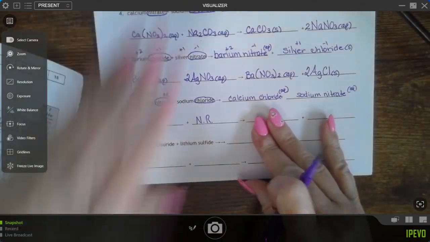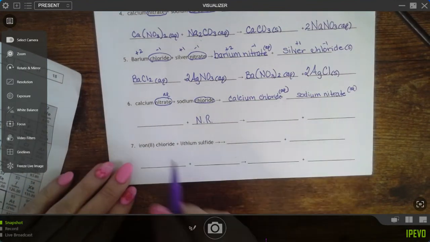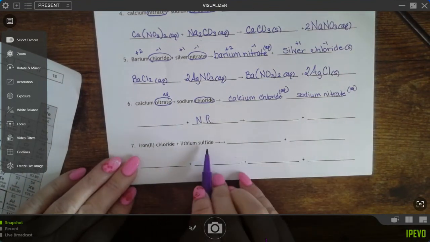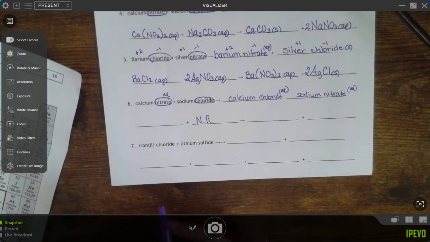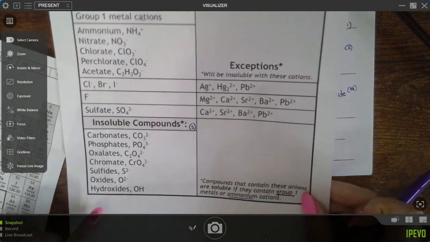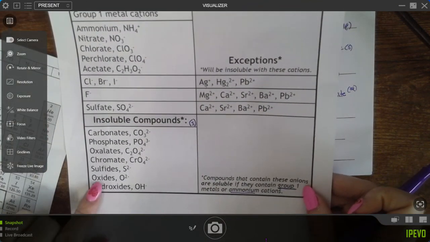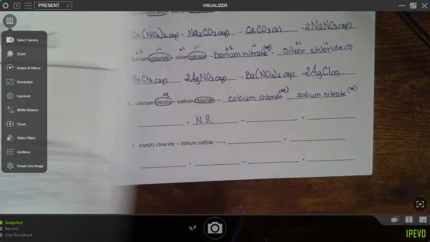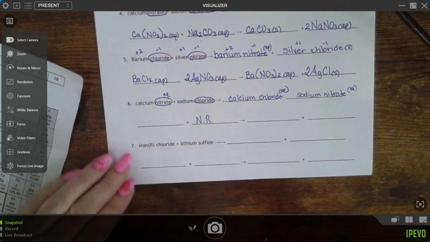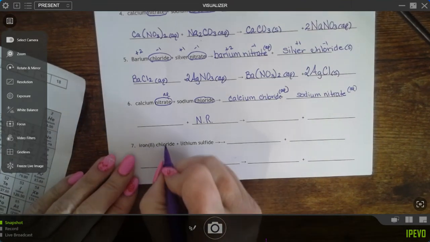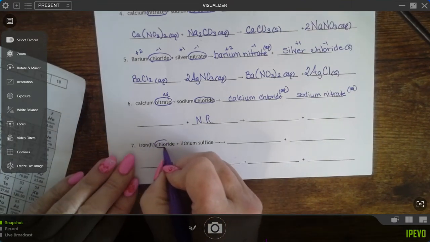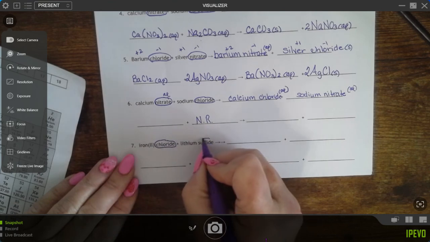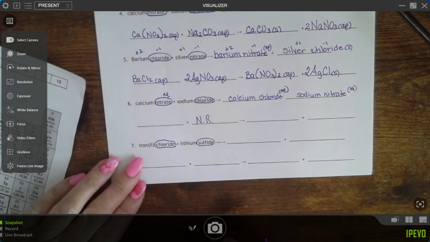All right. Number 7, iron chloride and lithium sulfide. And again, if you can get your head around that, sulfides are always insoluble. So I'm going to write this out because it looks like I'm probably going to have something that is insoluble. So my chloride and my sulfide are going to switch places.